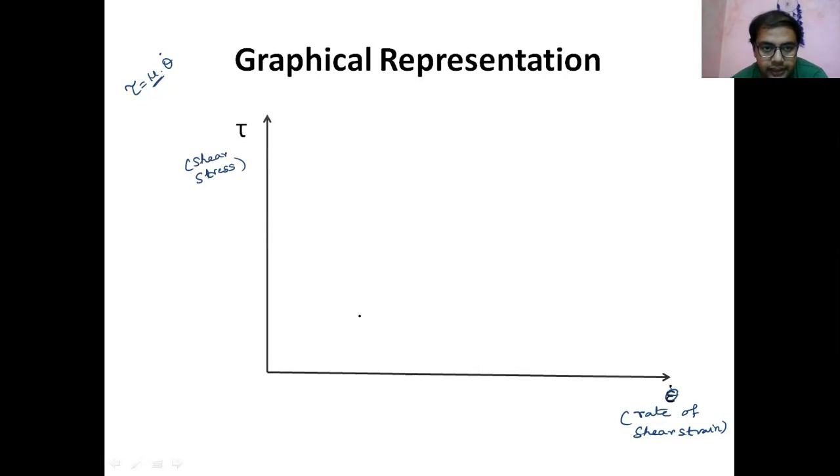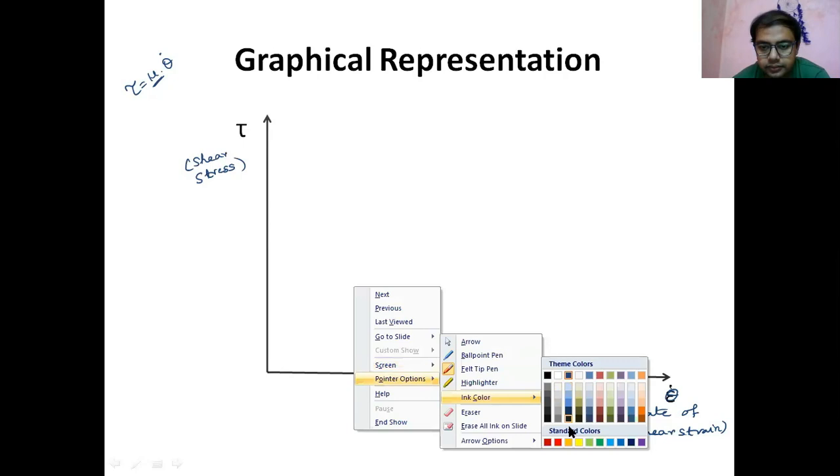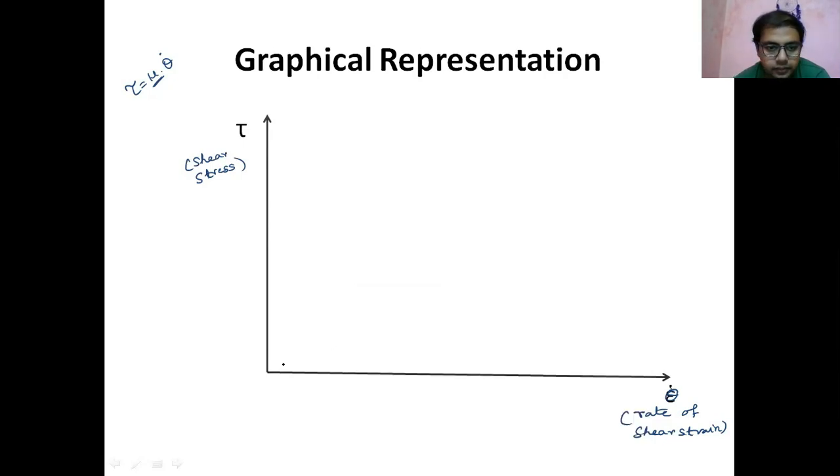So here, your Newtonian fluid will be this. This is the plot of the Newtonian fluid, n is equal to 1.